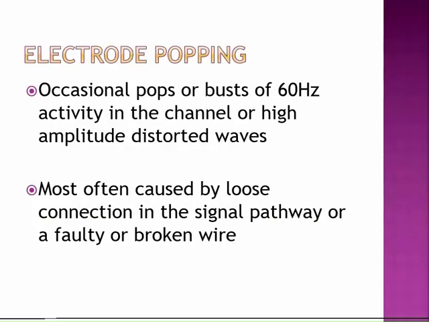Electrode popping is another form of 60 hertz artifact, and instead of having constant 60 hertz artifact coming through, it comes through as an occasional pop or burst of activity, usually caused by a loose connection or a broken wire.